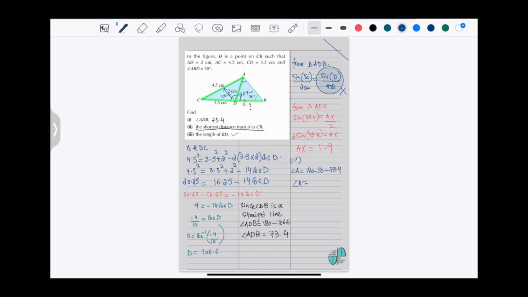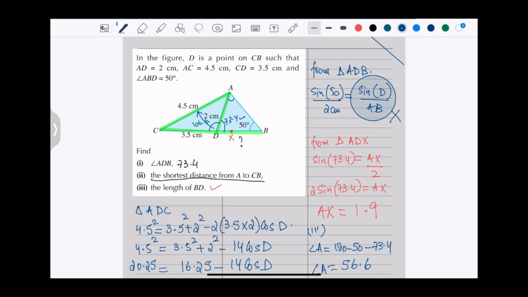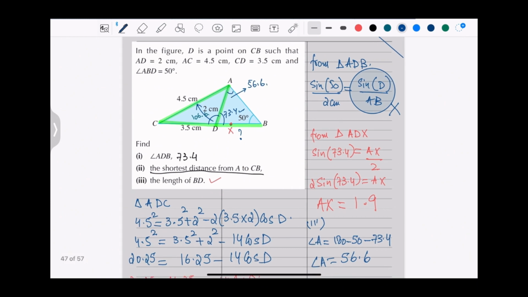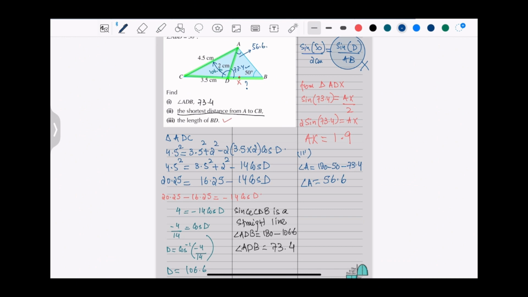Angle A is equal to 56.6. I can write this down here as 56.6, and I straight away apply sine rule. Sine of 56.6 over DB is equal to sine of 50 over 2, and you can solve them by just cross multiplying.